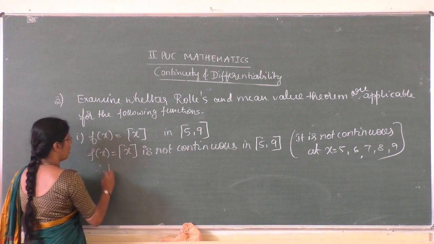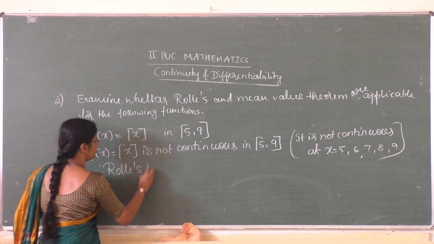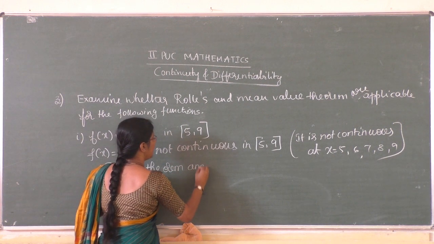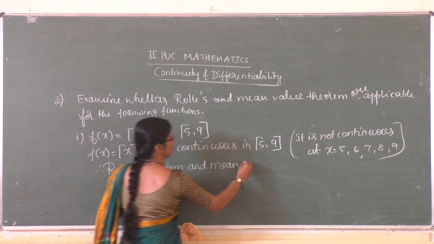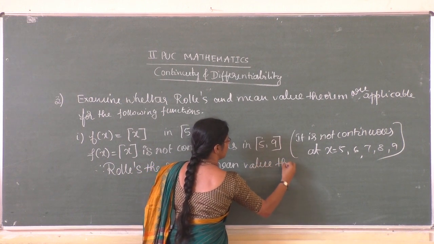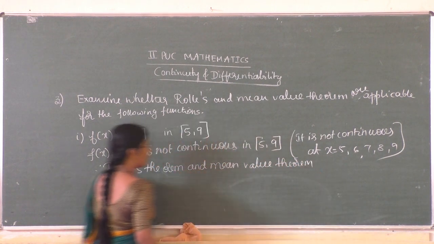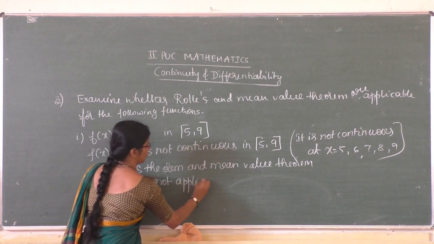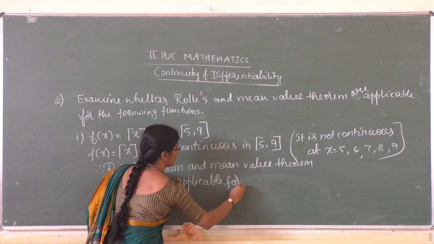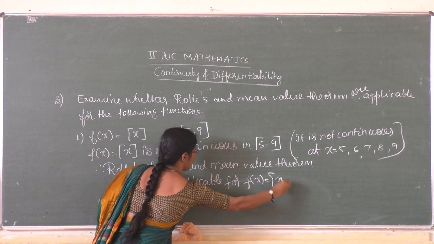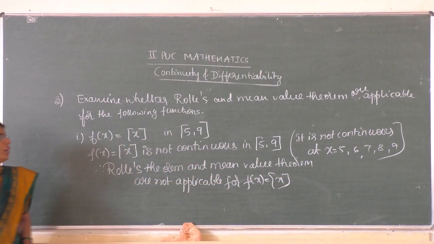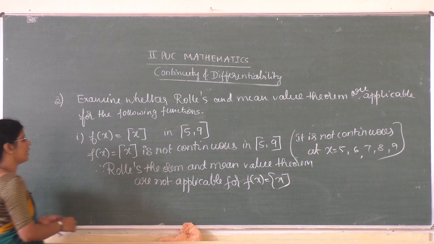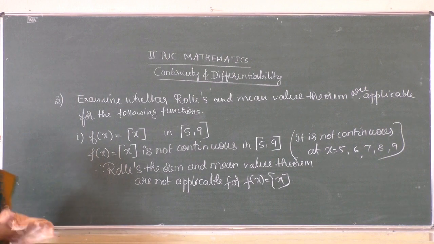So therefore Rolle's theorem and mean value theorem are not applicable for f of x equal to greatest integer function x. We consider one more function here.